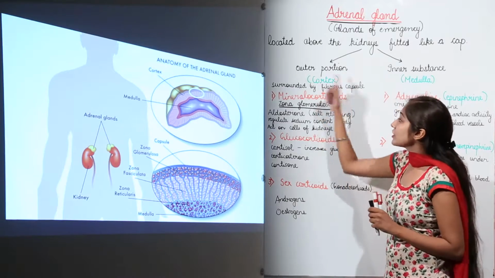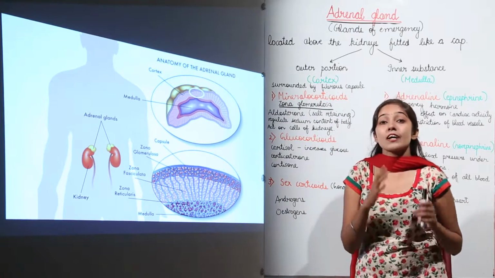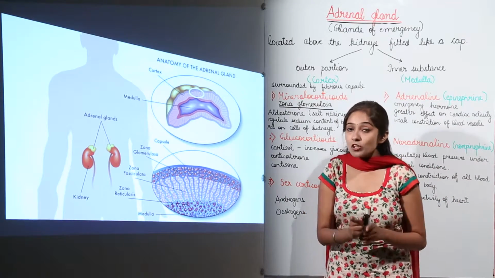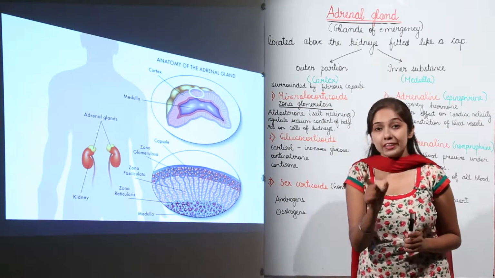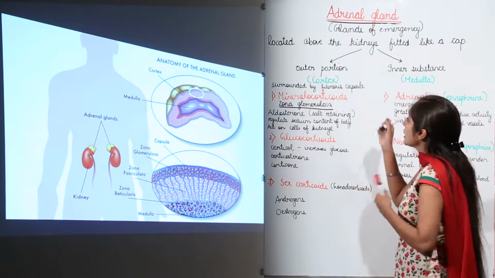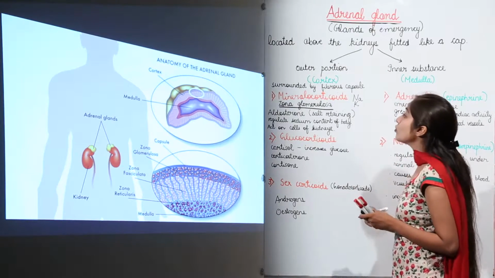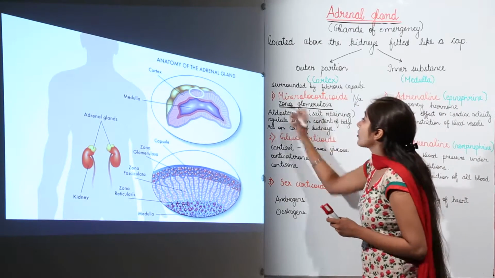Now, as the name suggests, what are these mineralocorticoids? Mineralocorticoids are going to affect mineral metabolism. When we talk about minerals, I am talking about sodium primarily. Sodium and potassium are the two major minerals that we talk about in case of mineralocorticoids.